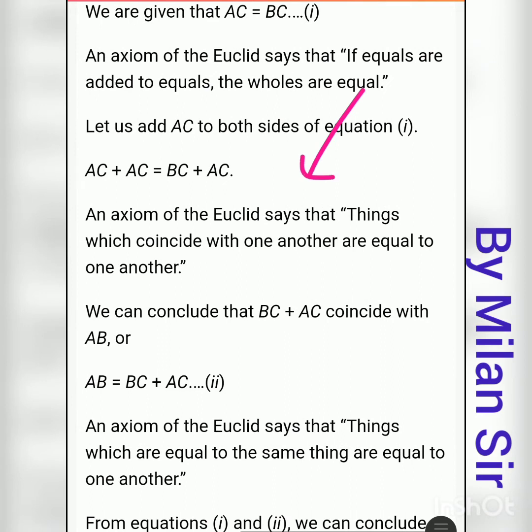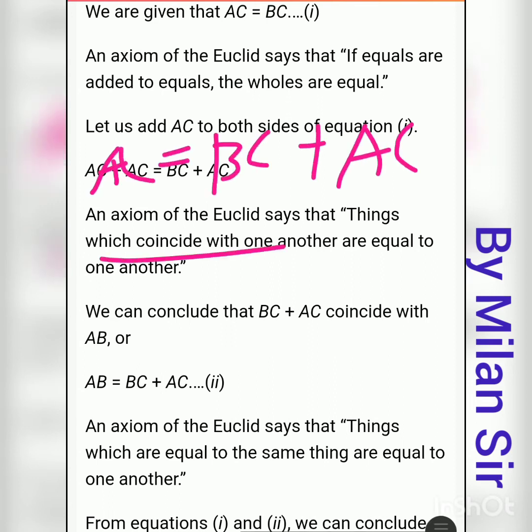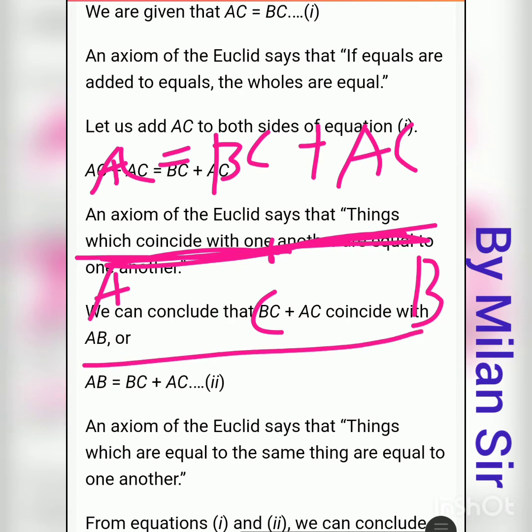Another axiom of Euclid says that things which coincide with one another are equal to one another. That means BC plus AC coincides with AB, because here we have A, here we have C, and here we have B. If we add these two, it forms AB.